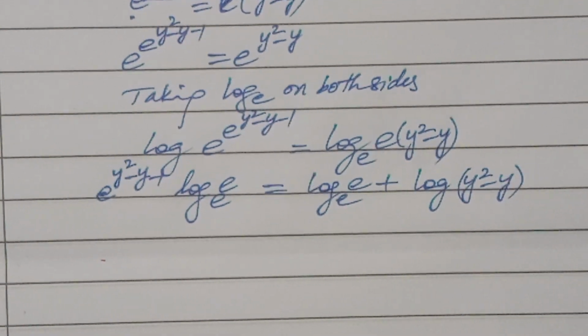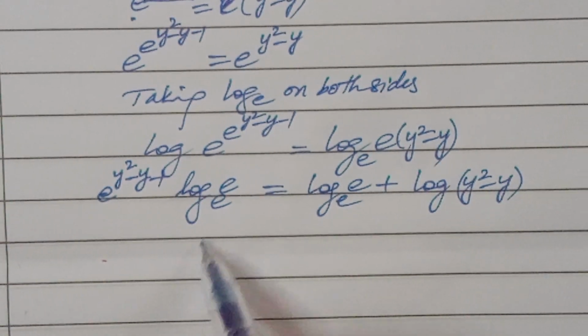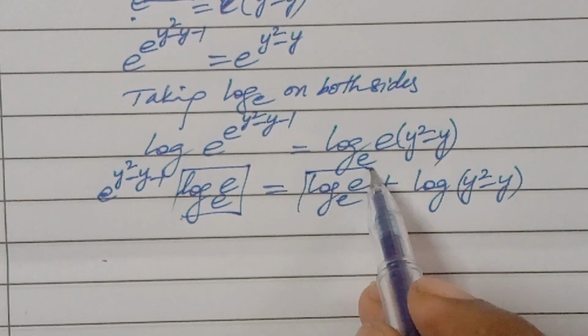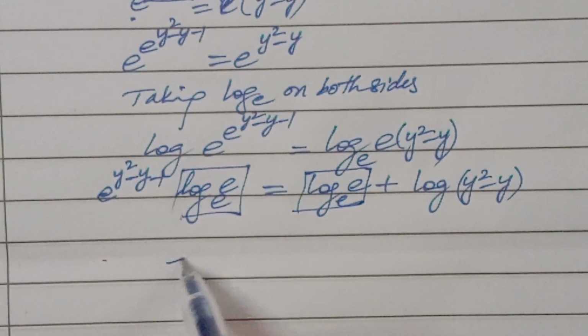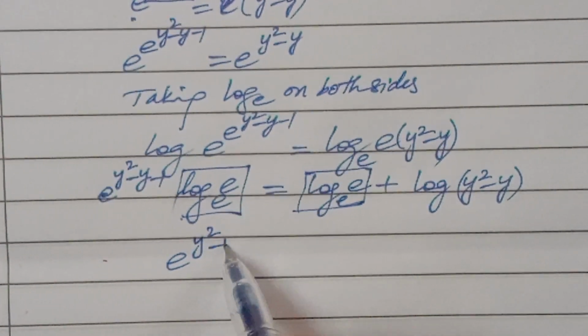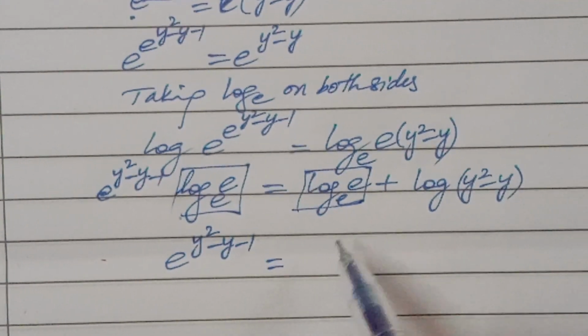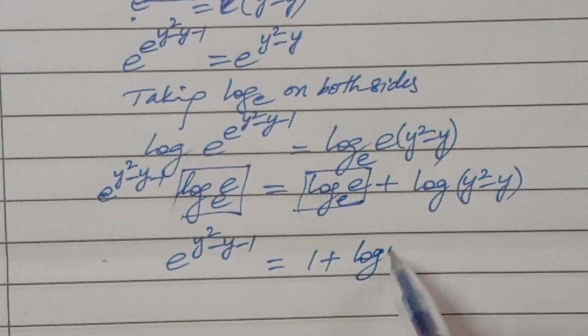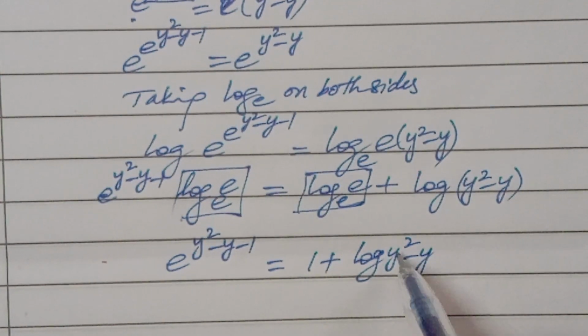Now this value is 1. So e to the power of y square minus y minus 1 is equal to 1 plus log of y square minus y.